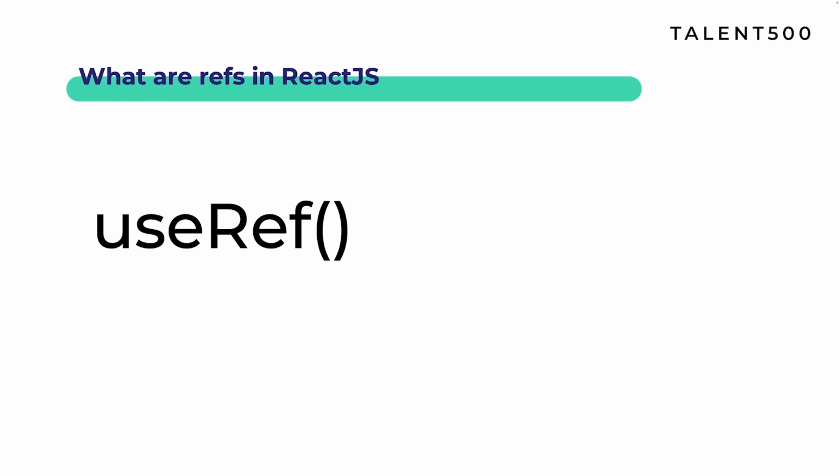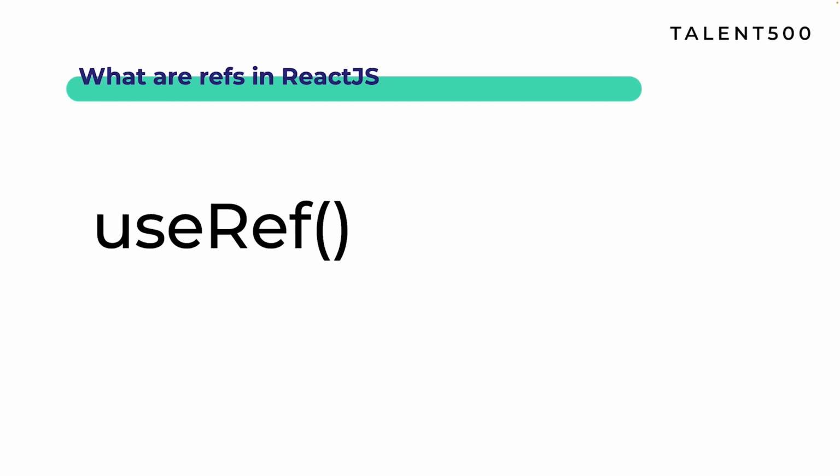And useRef always returns a reference object to the element, and the reference object has a very special property called current. If we want to retrieve the value of the particular element being referred to using useRef, we use the .current property to get its current value. Okay, so this is useRef.